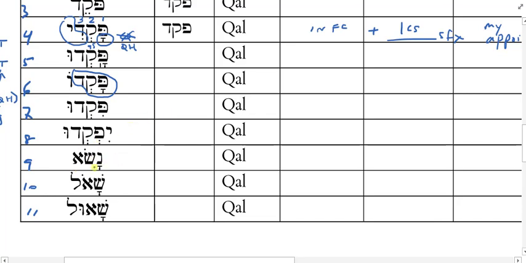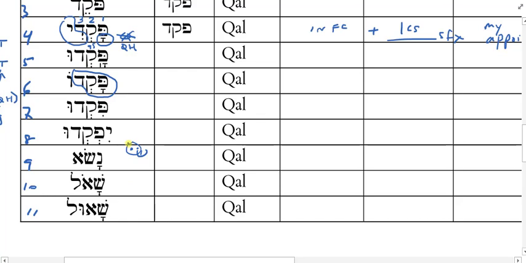Number 9. So here we have nas. Where's my vowel? Isn't that just the dot for the sin? Okay, yeah, this is doing double duty, isn't it? This is both the sin and a holem following, and I can just write that one time.